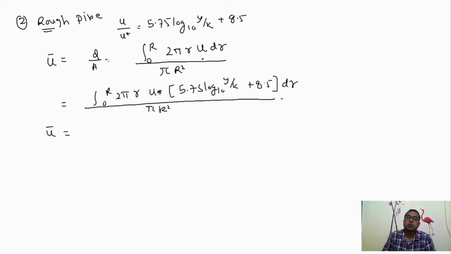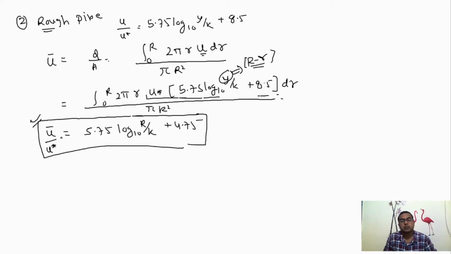So by putting the value of u like this in this term, and y is also a function of r, so put y as R minus r. Okay, and after integration and simplification we will get the expression for average velocity. This is the expression for average velocity in a rough pipe for turbulent flow.